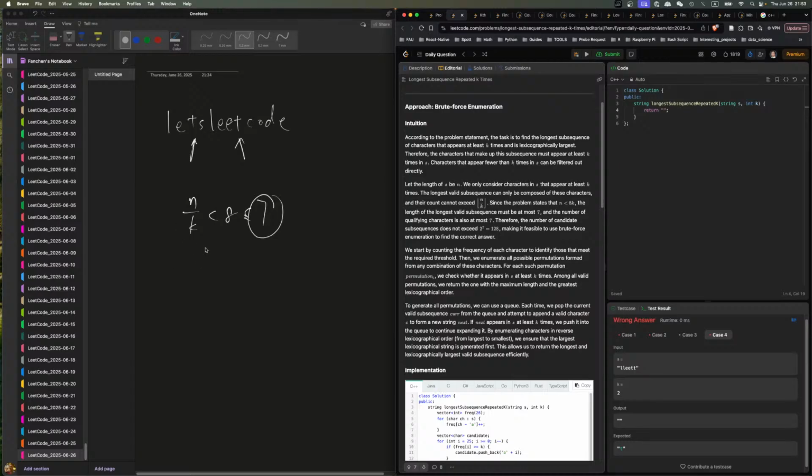Like we have 26 letters. Right, we have 26 letters. Like the maximum case, we have 26 letters, and we shall be able to do 26 choose 7, like the maximum case.